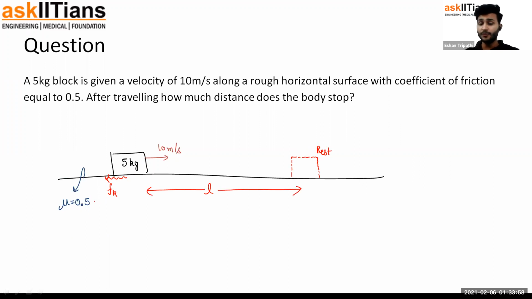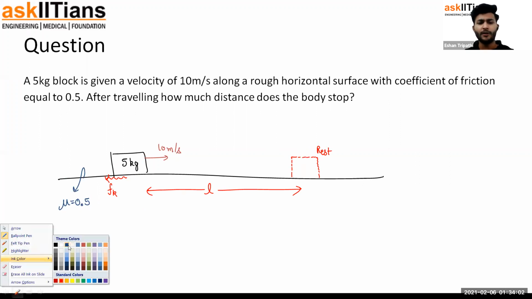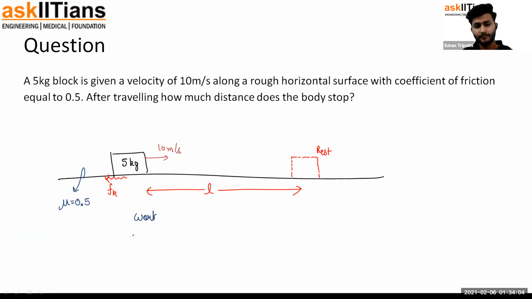So again, we are going to use the work-energy theorem only. We will say that the work done on the body is equal to the change in its kinetic energy, that is final kinetic energy minus initial kinetic energy. Now the question is how much is the work done on the body? The force acting in this case is friction, which is backwards, and displacement is L towards right.